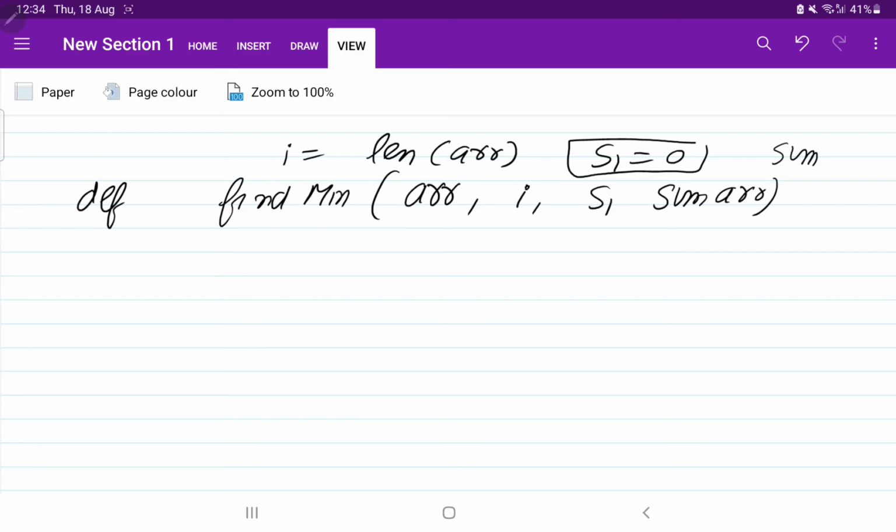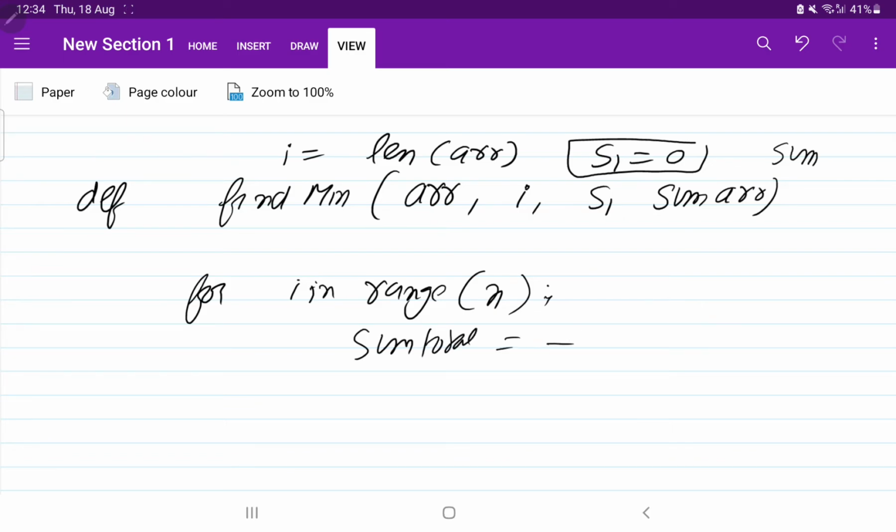We are going to use a for loop like this: for I in range of n, sum array is equal to sum array plus array of I, and like this we add all the elements.